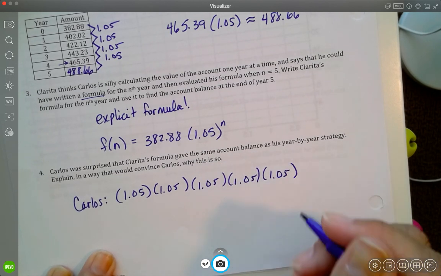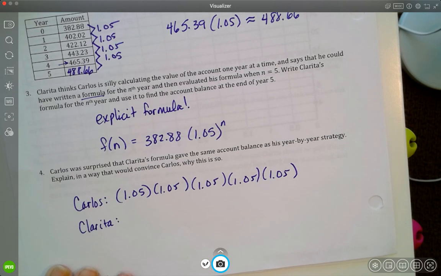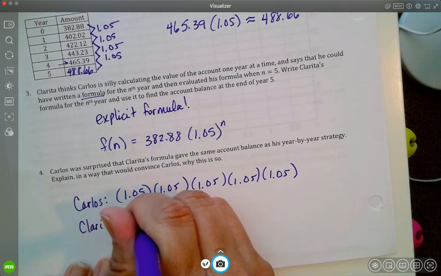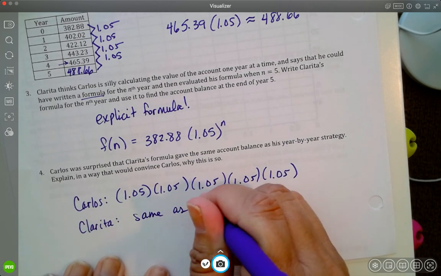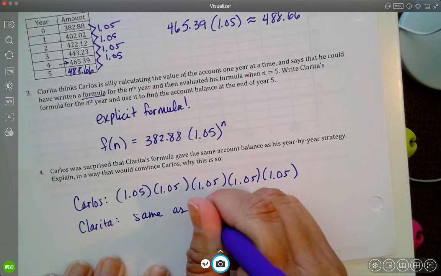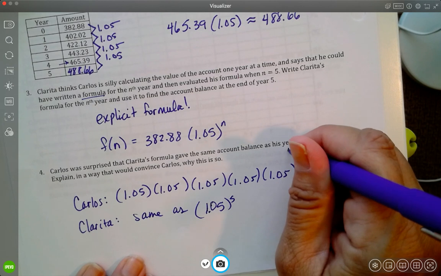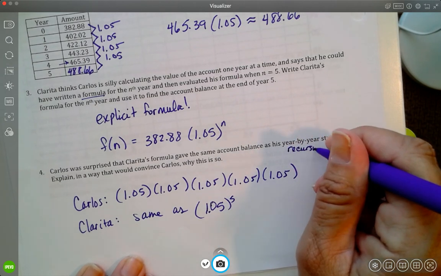And Clarita's way is saying, well, that's the same thing as 1.05 to the 5th power. So basically, he's thinking about it recursively, and she's thinking about it explicitly.